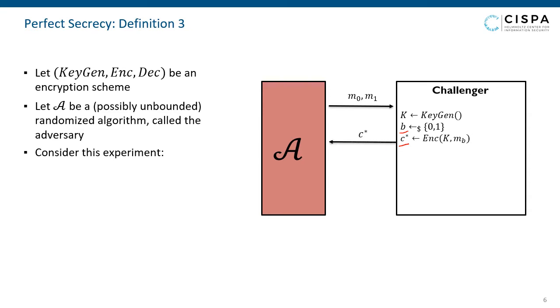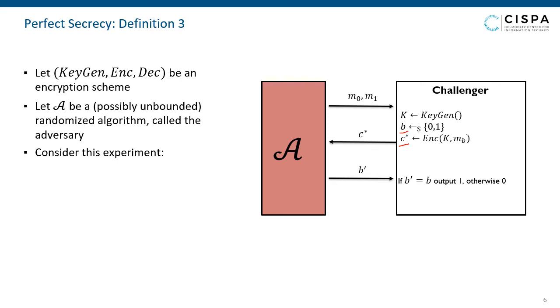So now the challenger returns the challenge ciphertext C star to the adversary, upon which the adversary has to make a guess B prime. If B prime is the same as B, the challenger will output 1, which denotes that the adversary wins.